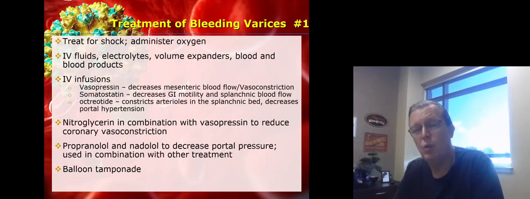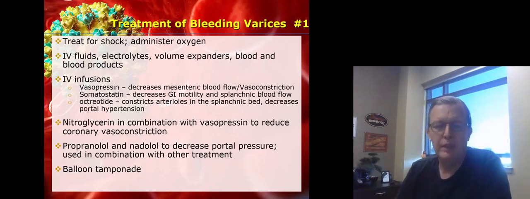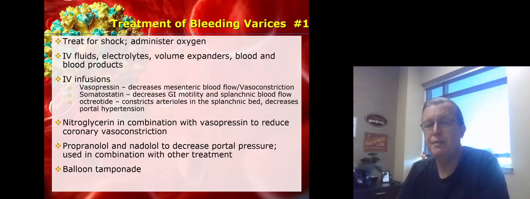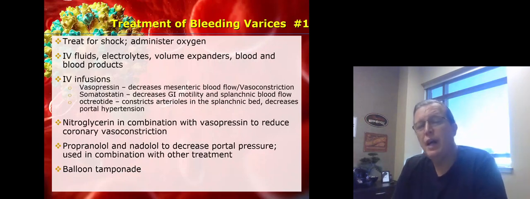So if we are also giving coagulation factors like fresh frozen plasma, platelets, and cryoprecipitate, those products help facilitate clotting. Because not only do we have a varix that's bleeding, we have thin blood that tends to not clot very well.